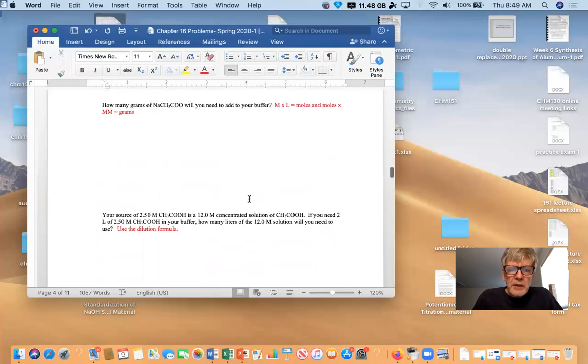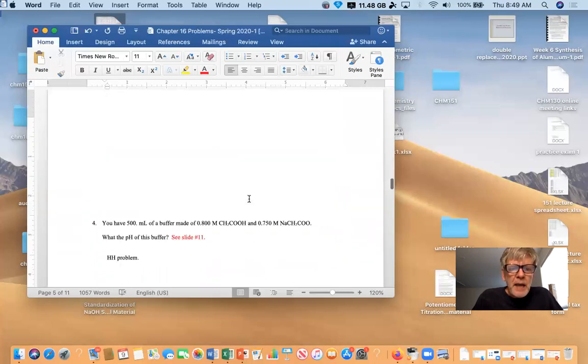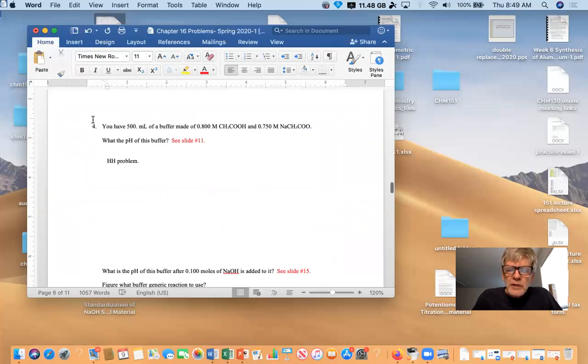And then you would take your actual buffer that you just made, and then you would do this to it. And you do the calculation to see what the expected pH would be. And then you do the reaction, you add that to it, and then you get the pH meter out, and you'd measure the pH after you've done this addition to your buffer.